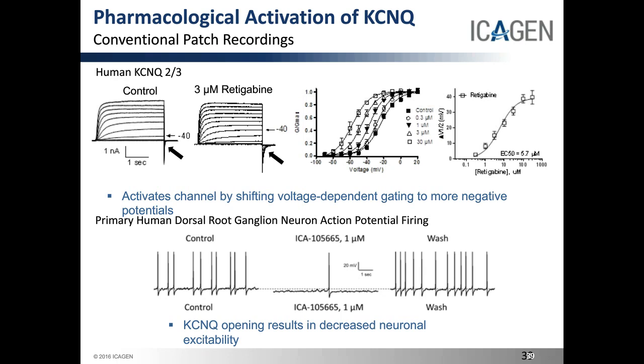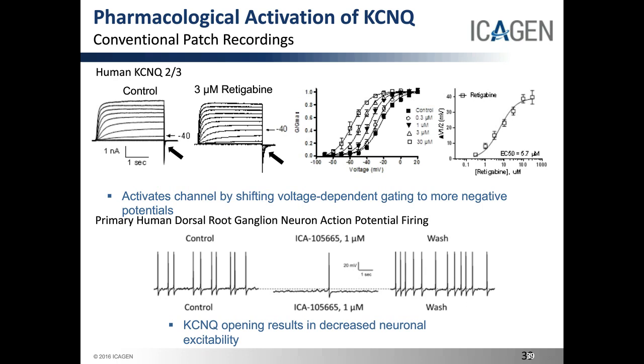To determine that this is true, we measured the peak tail currents following each depolarization. We then convert those currents into conductances, and we plot normalized conductance versus voltage. We then fit those points using Boltzmann equations to give us an activation curve of the Q2/3 channel in both control conditions and with ascending concentrations of Retigabine present.